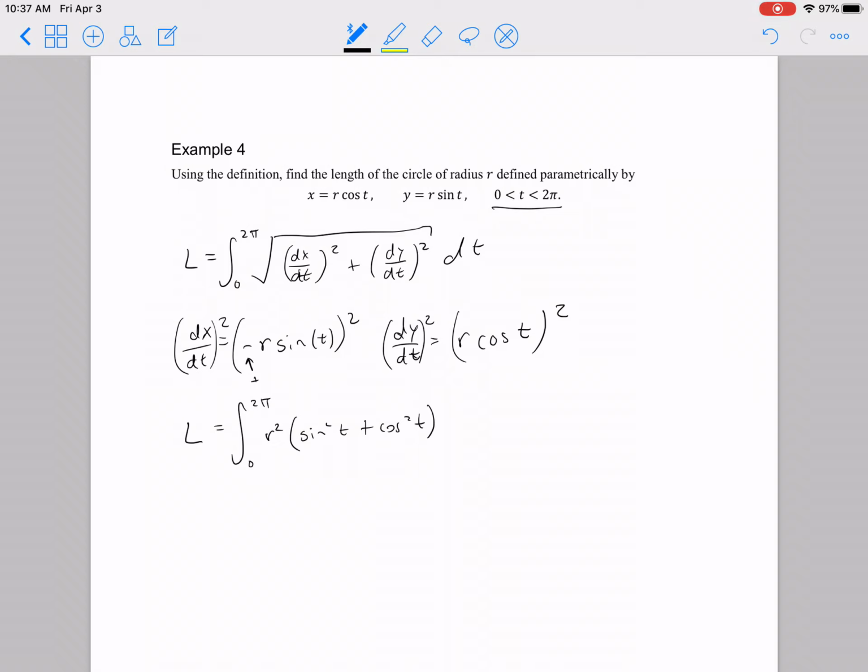So we have r squared times sine squared plus cosine squared, and we're integrating over dt. And then we have to actually take the square root of this. But sine squared plus cosine squared just equals 1.